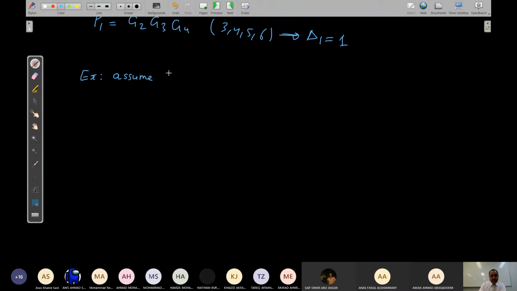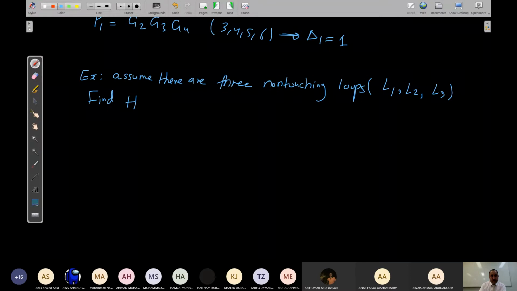Assume there are 3 non-touching loops, L1, L2, and L3. Find the characteristic equation.